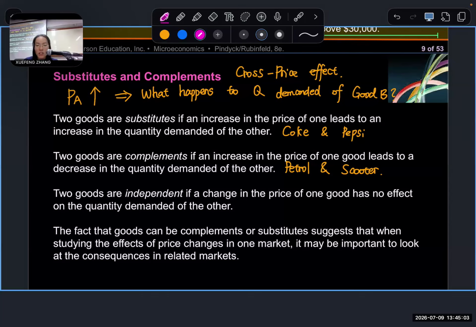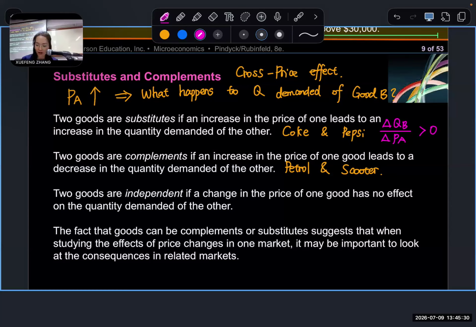If they are substitutes, the quantity of B rises. So in this case, the change of quantity of good B over the change of the price of A is greater than zero. So we call them substitutes, okay?